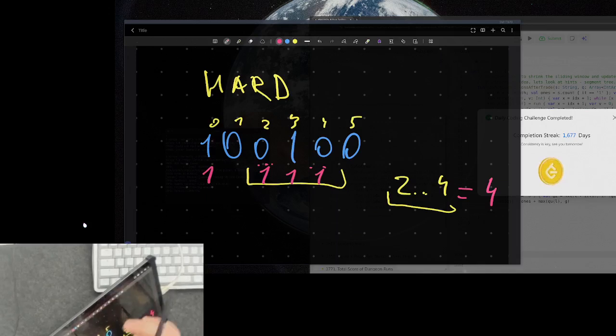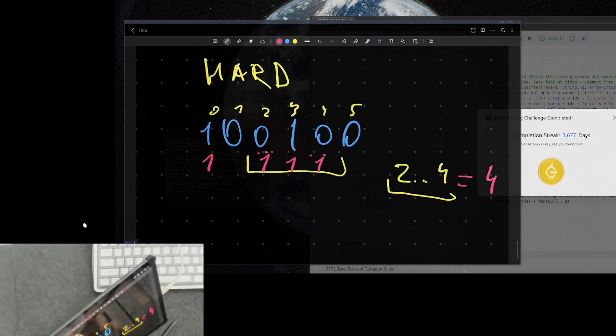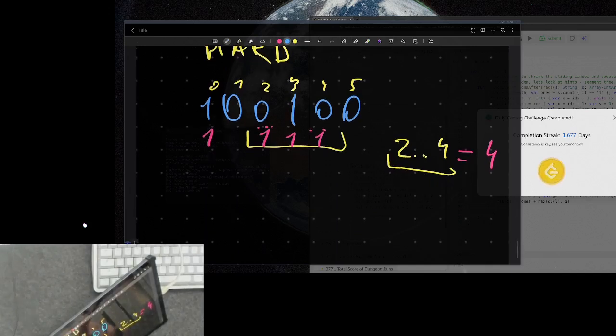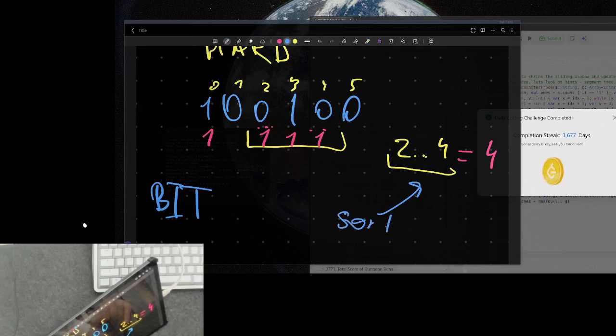Okay, I didn't solve this problem, and I'll try to explain what I understood from my solution after I finally got it. My solution is a binary indexed tree. We first sort the queries by their right border, and then we walk the string in a single iteration.